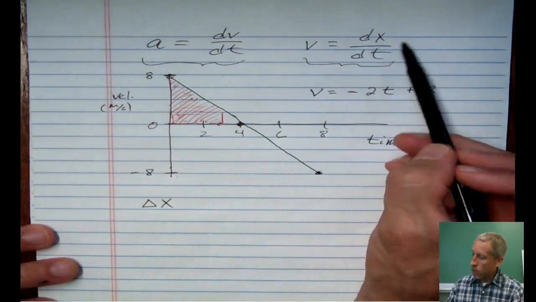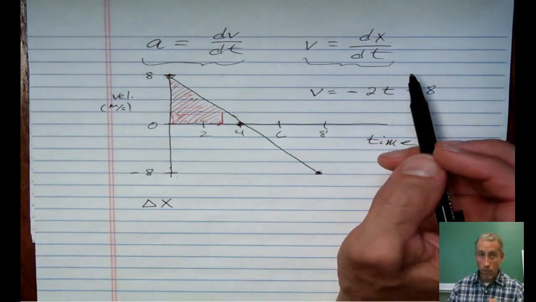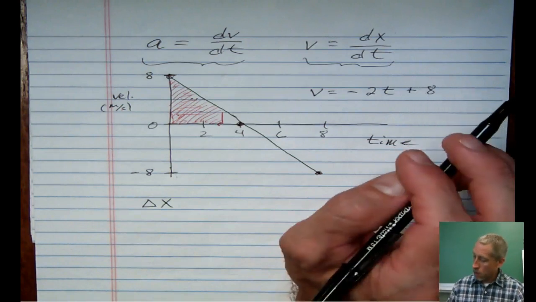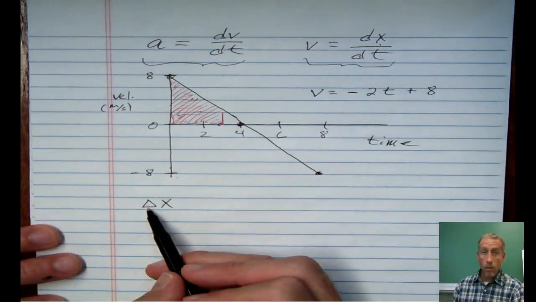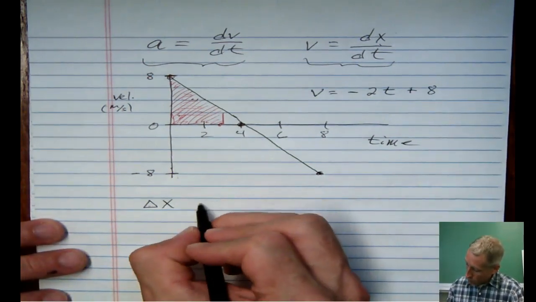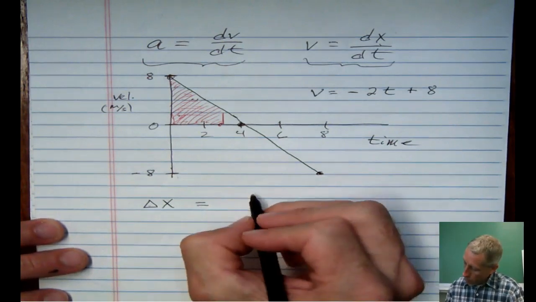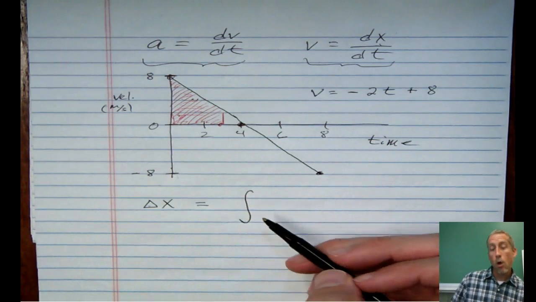And actually, when you learn more calculus, you'll know that this dx actually refers to a very, very small change in position over a very small period of time. But nevertheless, that's a lot like delta. The Greek letter delta is just our letter d. So we write this as, and here's a symbol you may not have seen before. It's actually an elongated S.